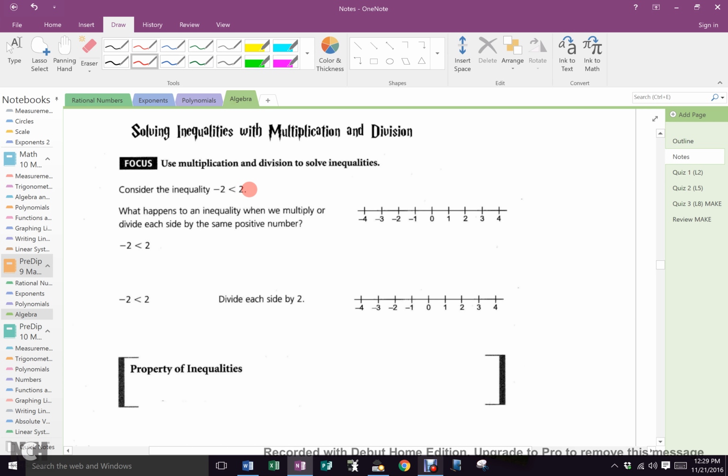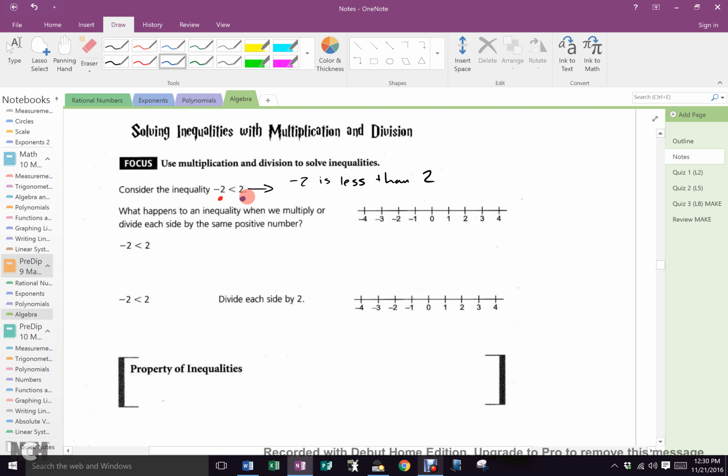Consider this inequality. What is that in English? -2 is less than 2. How do we represent that on the number line? You've got to try -2.